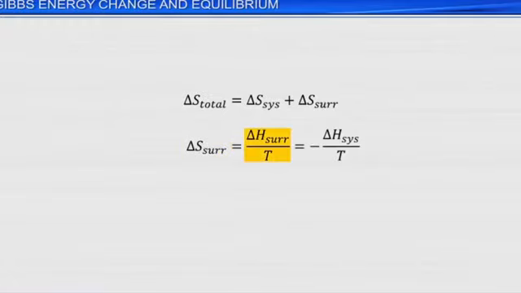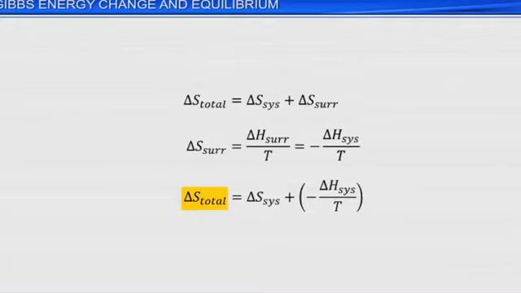On substituting the value of delta S surrounding, we get delta S total equals entropy change of system, delta S system plus minus enthalpy change of system, delta H system divided by temperature T.